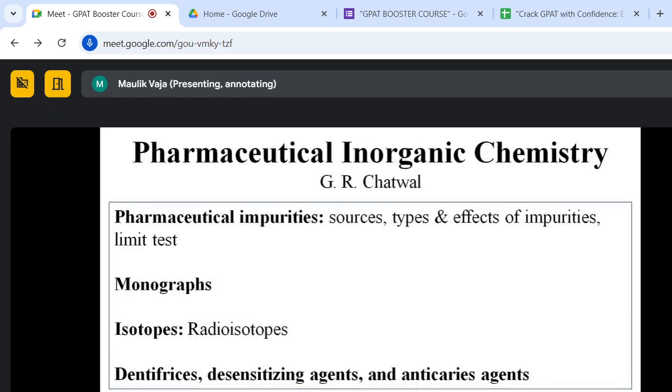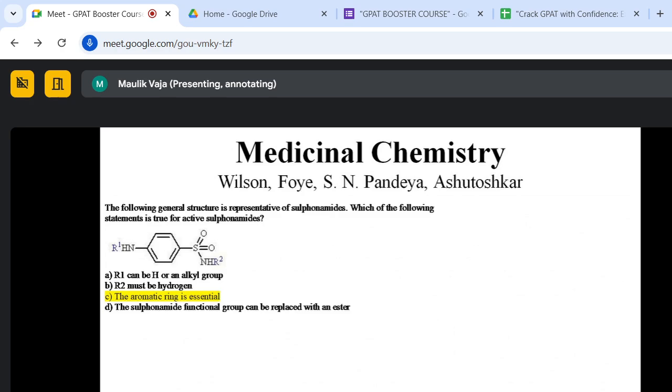Option A. Then here medicinal chemistry MCQs are there, and I will also give the answers. The following general structure is representative of sulfonamides. Which of the following statements is true for an active sulfonamide?